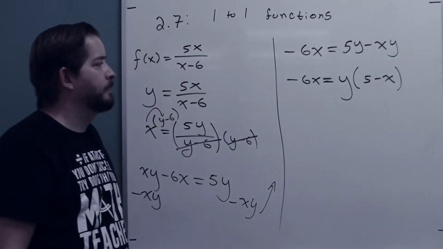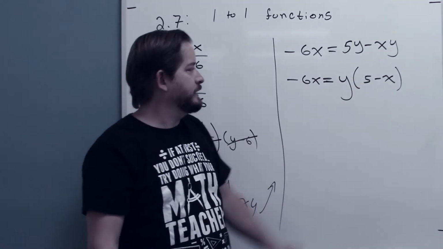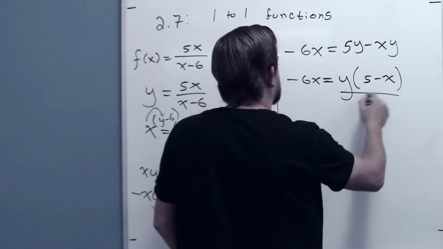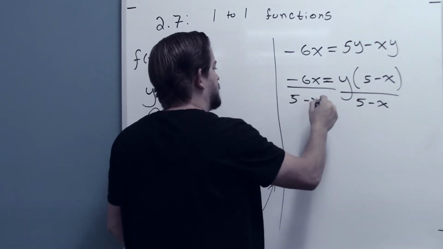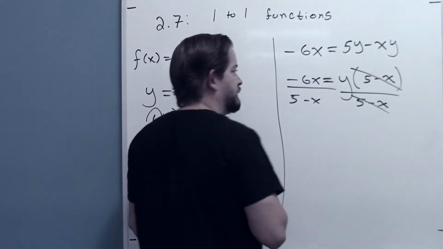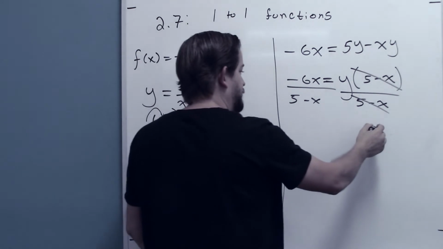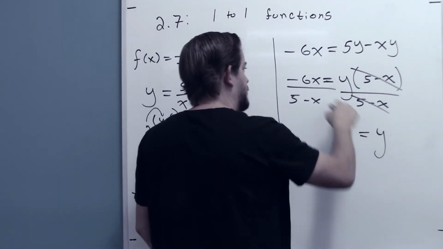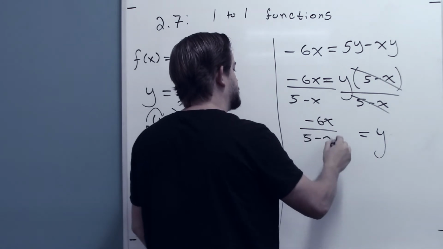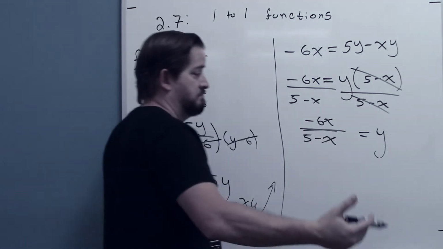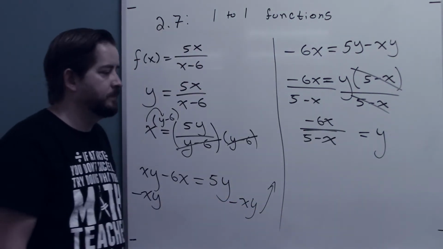Right. And I can divide 5 minus x from both sides. It cancels on the right hand side, leaving just a y. And then I have negative 6x over 5 minus x. And I have my inverse function.